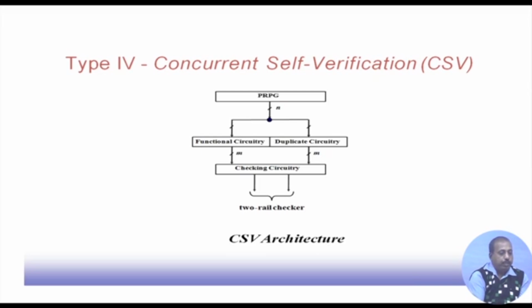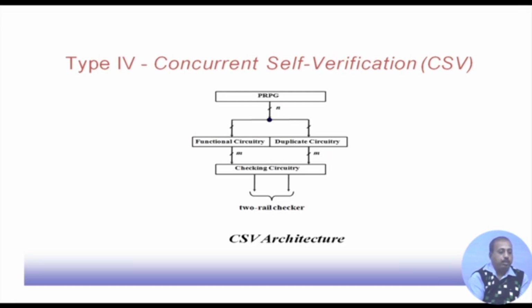Then there is the concurrent self verification approach. Here we have this pseudo random pattern generator. We have got two circuits, the functional circuit and the duplicate circuit, and then we have some checking circuitry. Basically it checks whether these two responses are the same or not. If either of the circuits is faulty, then the responses will not be the same. So, it is some sort of confidence that a circuit gets on its own operation, whether it is working correctly or not, because if the circuit is working correctly, then both the responses will be correct.